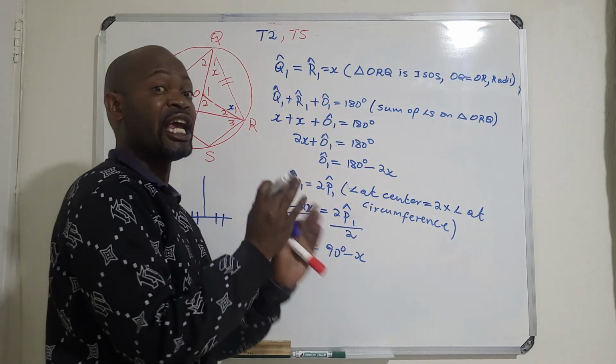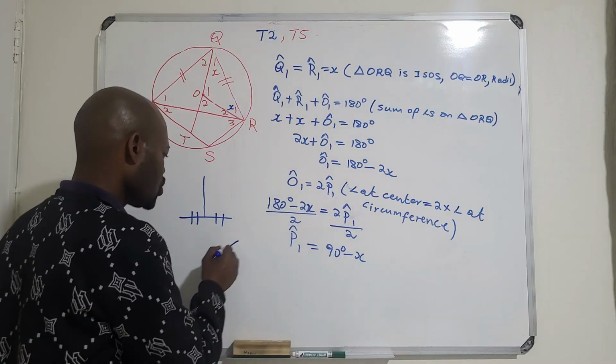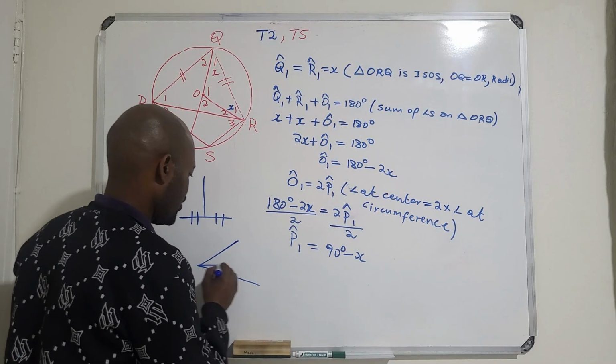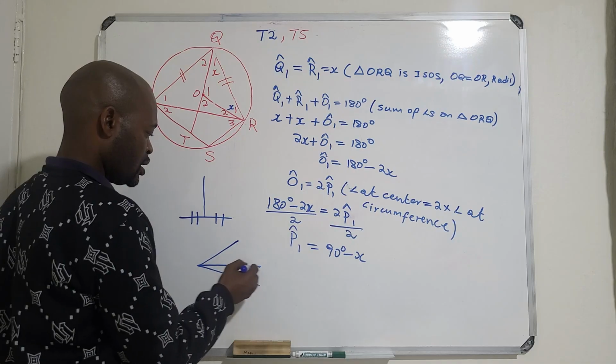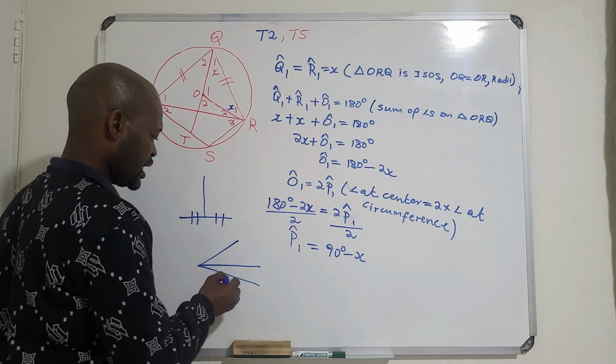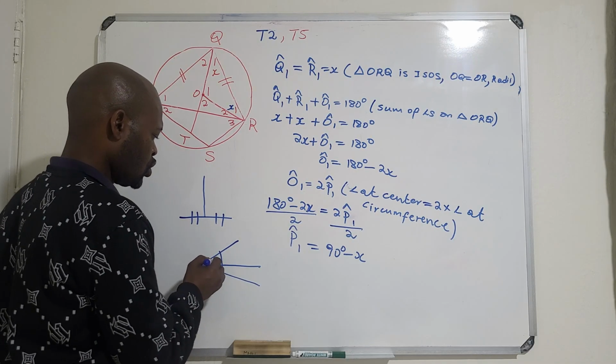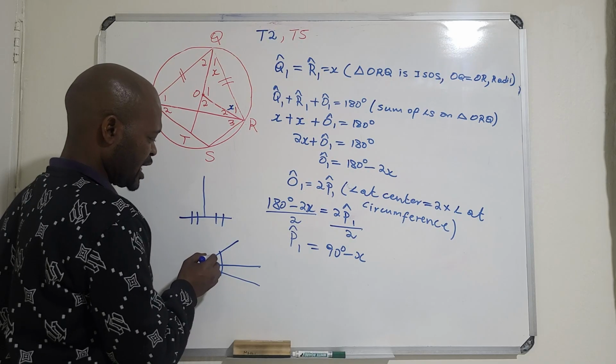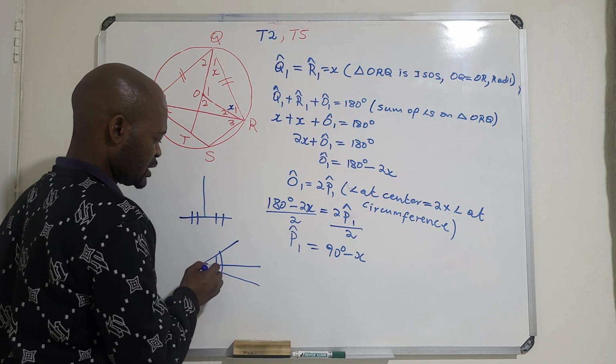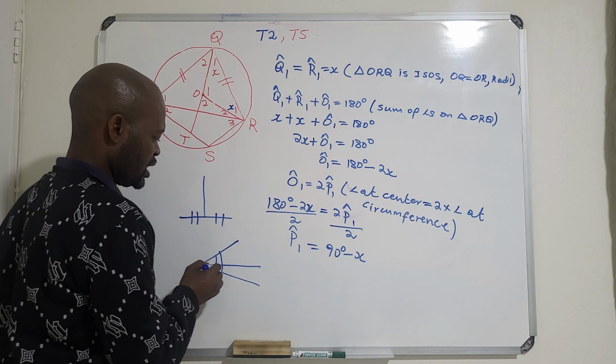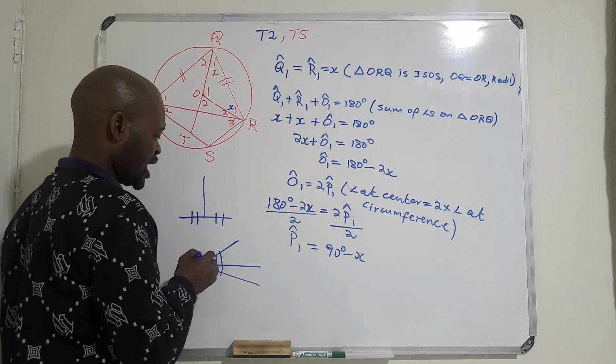That's bisecting, equal lengths. We can also have an angle. This line bisects this angle into two equal angles, this angle which is equal to this angle. Therefore, this angle is equal to that angle.